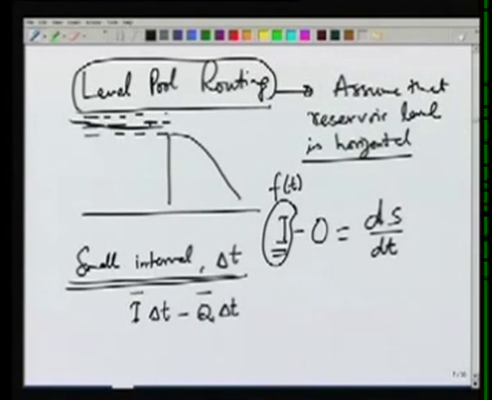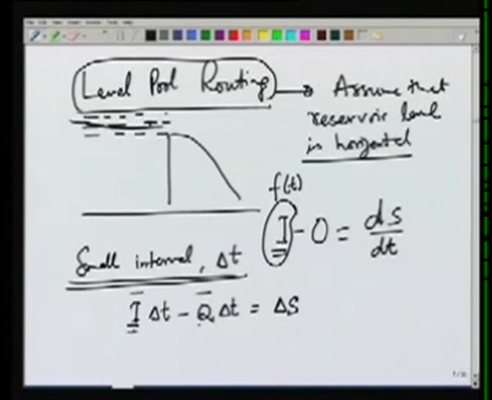So Q bar multiplied by delta t will give us the change in storage delta S. So in this equation, I bar represents the average inflow during the time period of delta t, Q bar the average outflow during the time period, and delta S is the change in storage during that finite time interval of delta t.